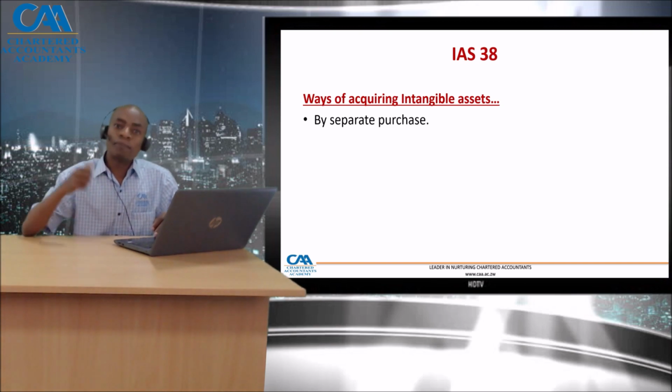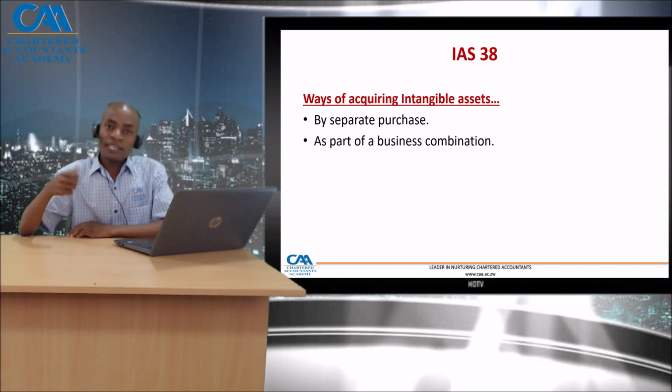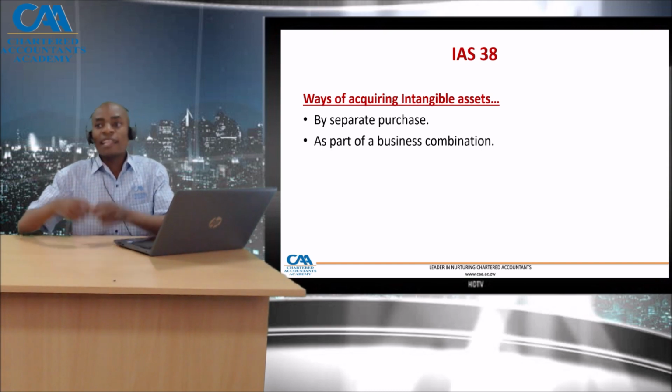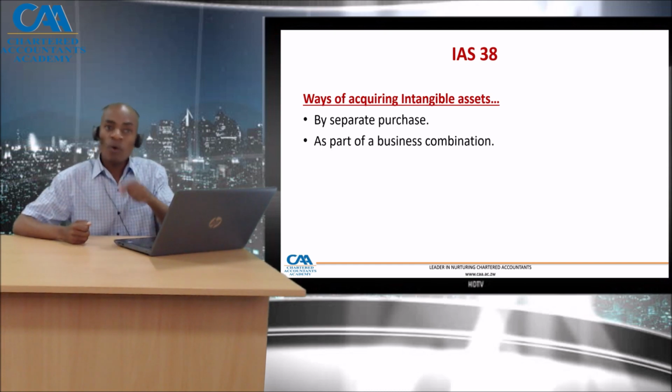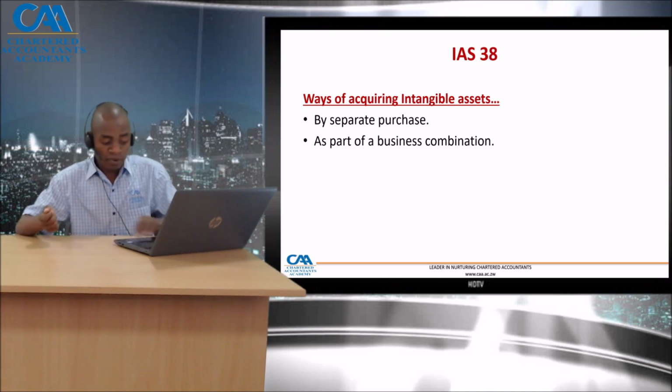Entity A might buy an intangible asset from any other party, or party B, or it might be as a result of a business combination, whereby the acquirer acquired the acquiree, and as part and parcel of the assets that have been transferred to the acquirer, the entity might also acquire an intangible asset.